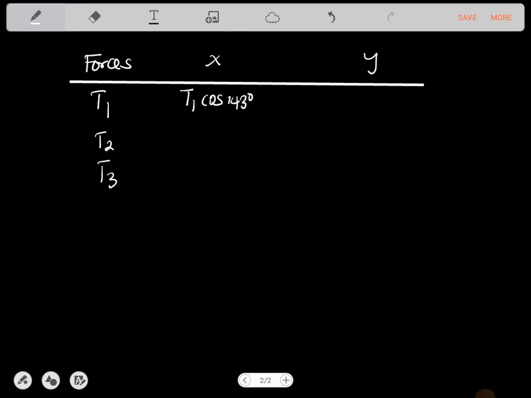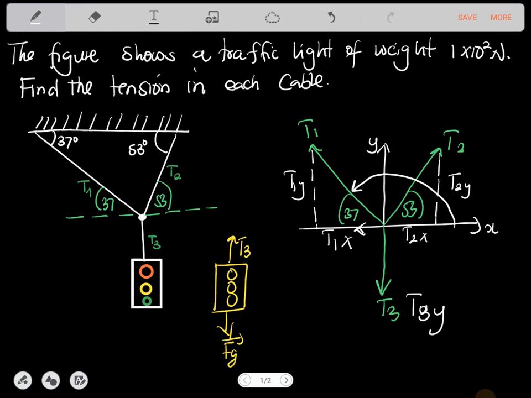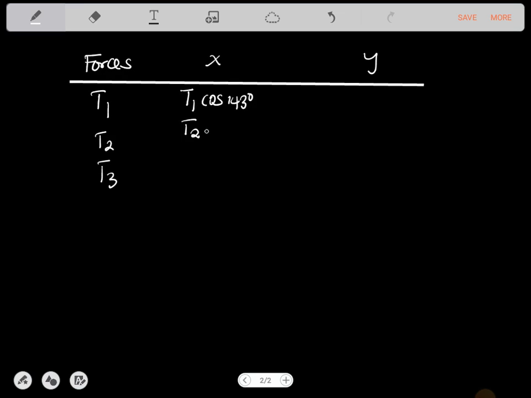This same thing applies to T2. For T2, we're just getting up to there. That's the angle, so 53. Cos 53 degrees. Do we have T3 in the x-axis? No, it's 0. We go to the y-axis.